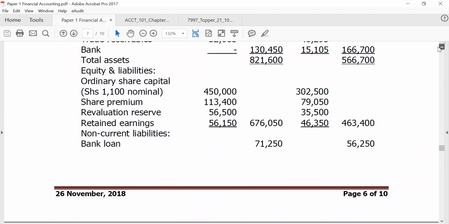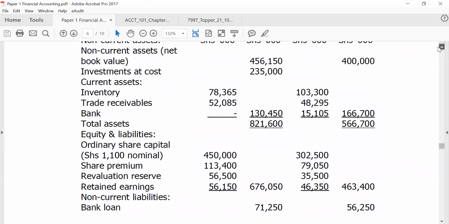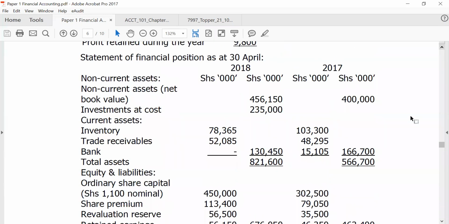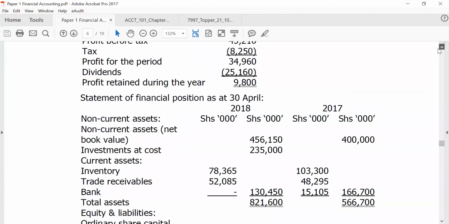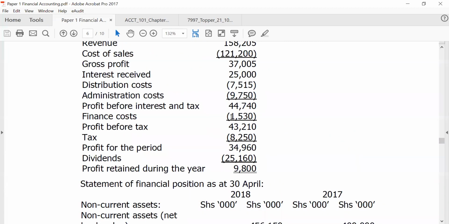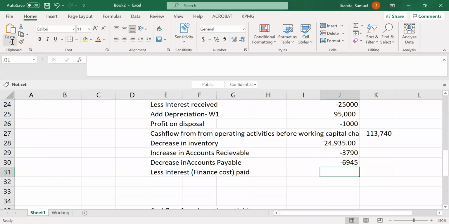But in this case, I'm just going to take what we have, which is this 1530. So this is negative that. Also to note that this is a cash outflow because we are paying, so I'm putting it as a negative, okay?